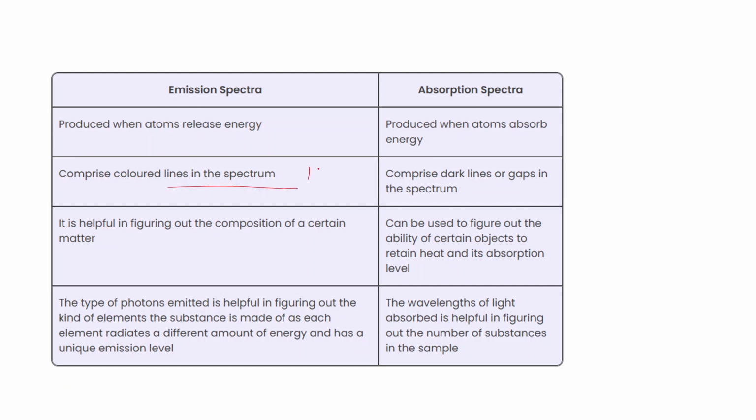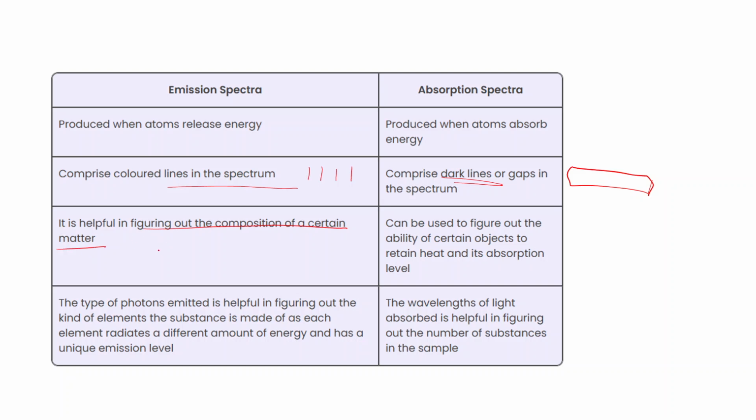We get particular lines in the dark band, whereas absorption spectra gives us dark lines on a colored background. They have their applications. These we can discuss in detail in further experiments, but just to mention, emission spectra is helpful in figuring out the composition of certain matter.